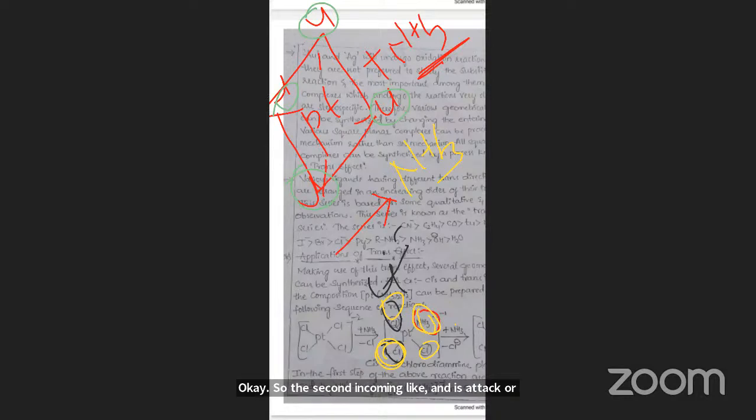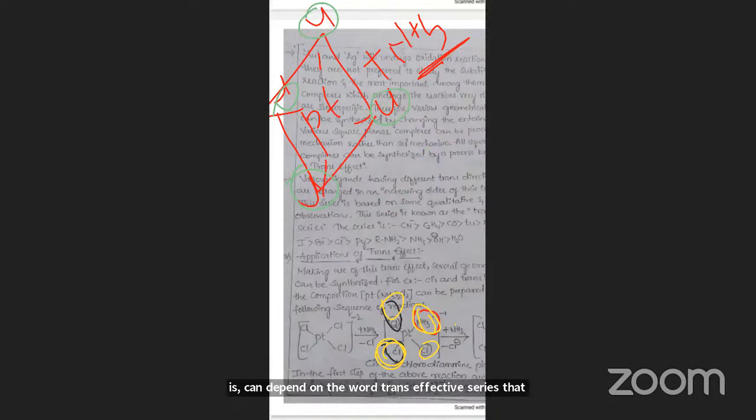So for the second incoming ligand, which position is suitable? Both are possible. Sometimes one position is major and one is minor, or one position forms the stable complex and one forms the less stable complex. That depends on the trans effect series.